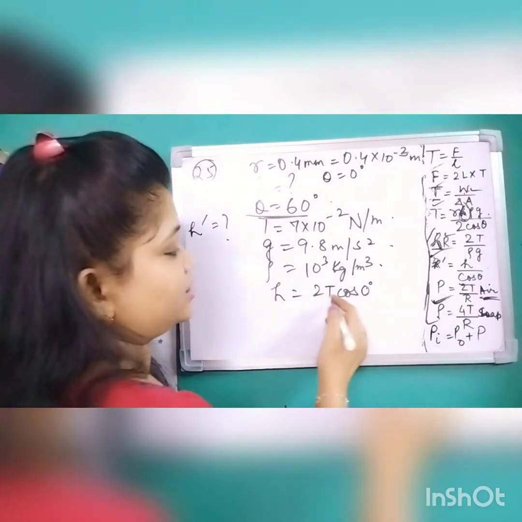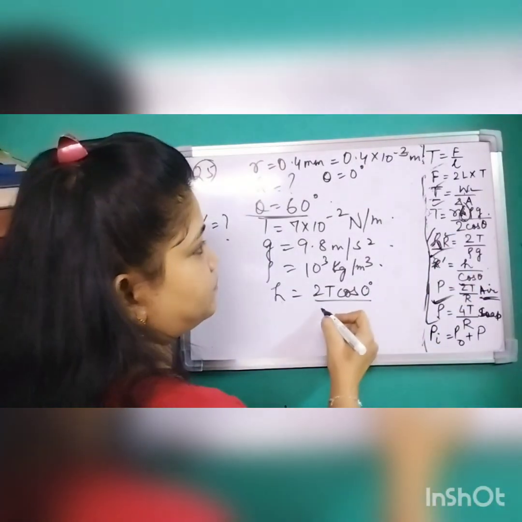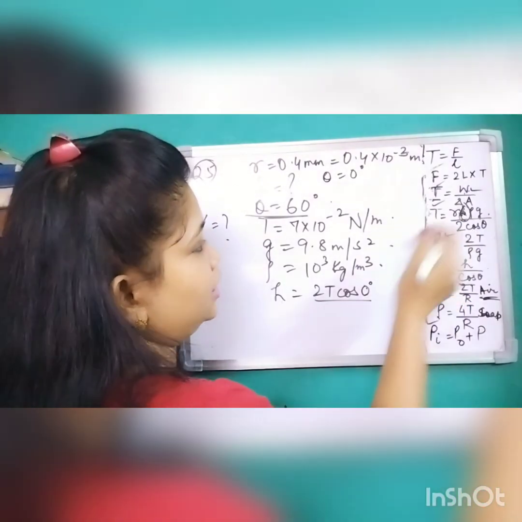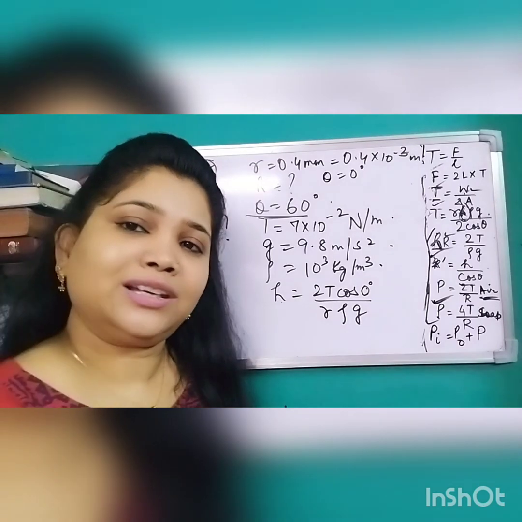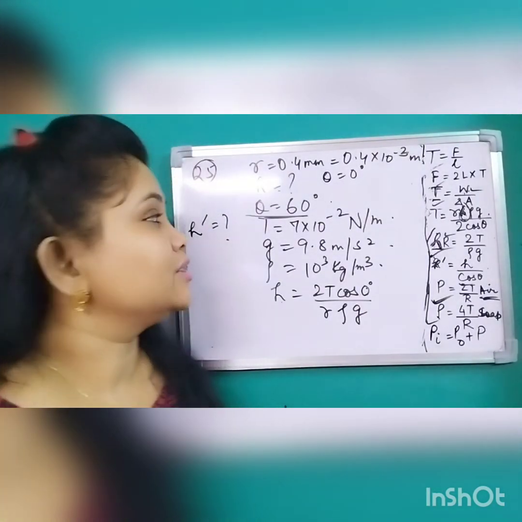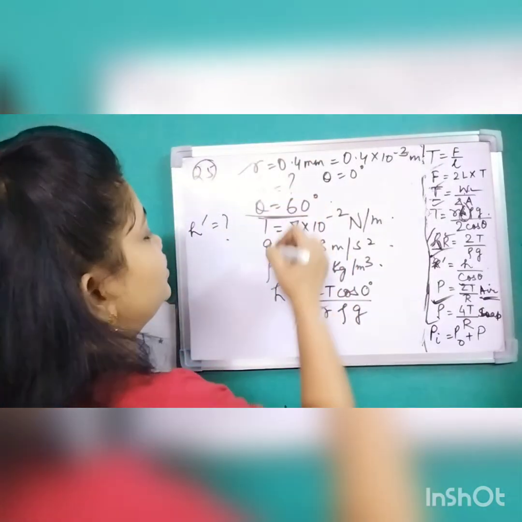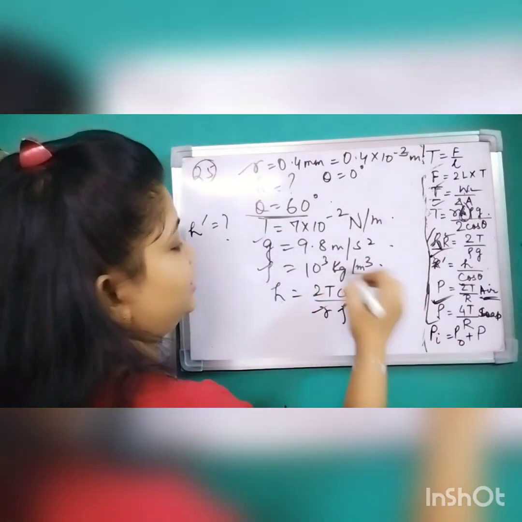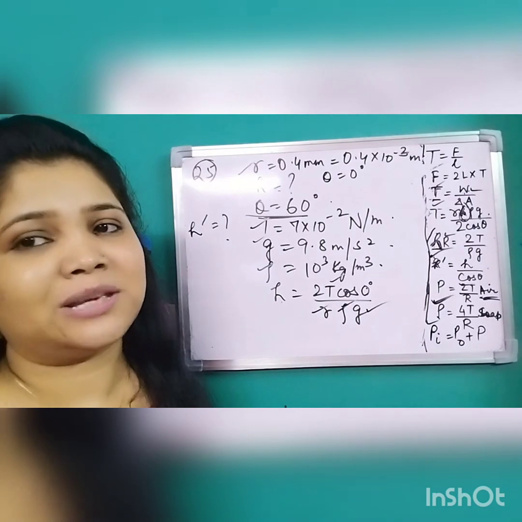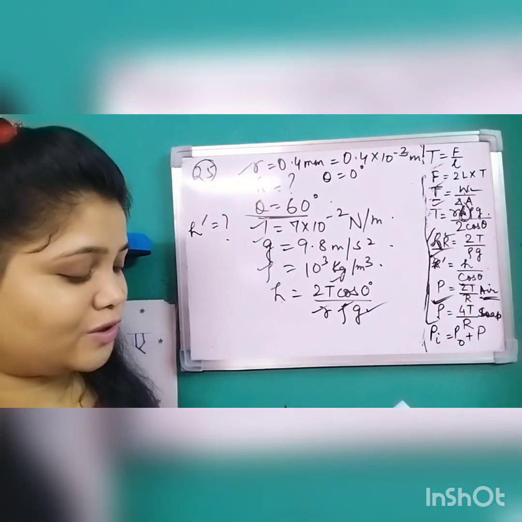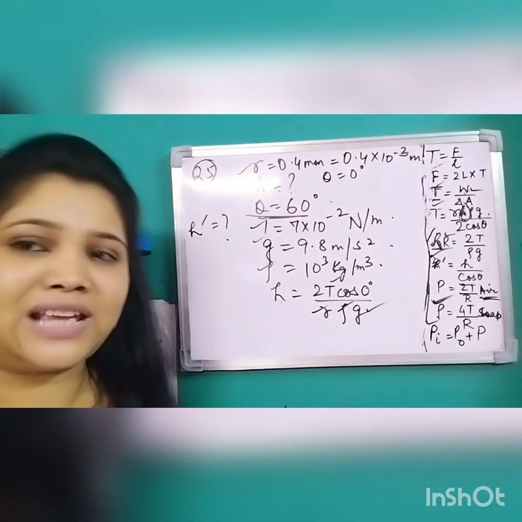So cos 0 degree by R rho g. R is given, rho is given, g is given, T is also given. Cos 0 degree is nothing but 1. So you just put it in, solve, and you'll get the value of H.